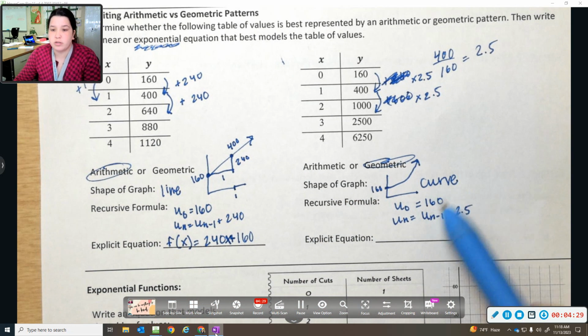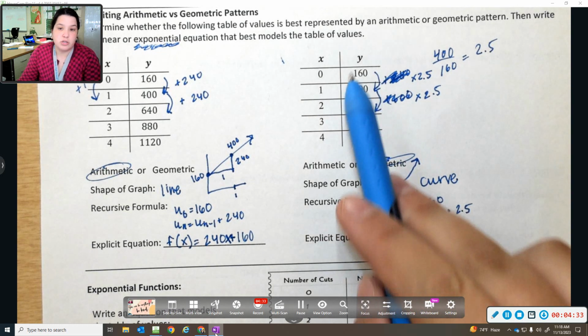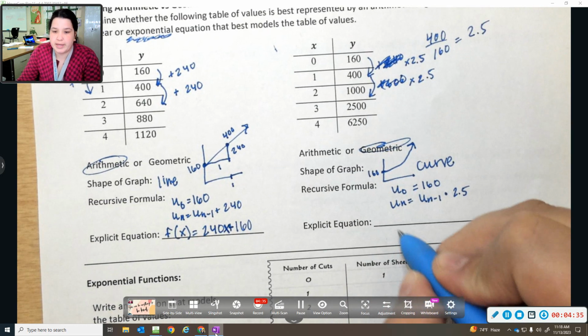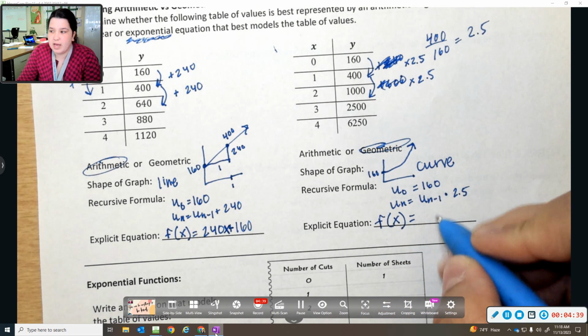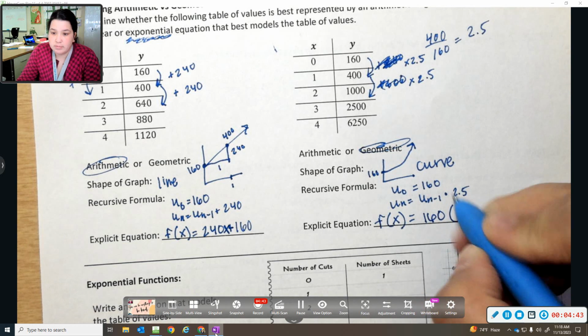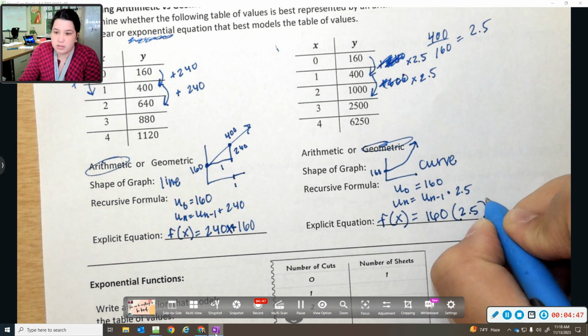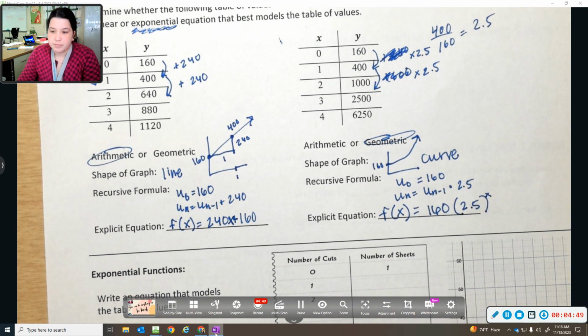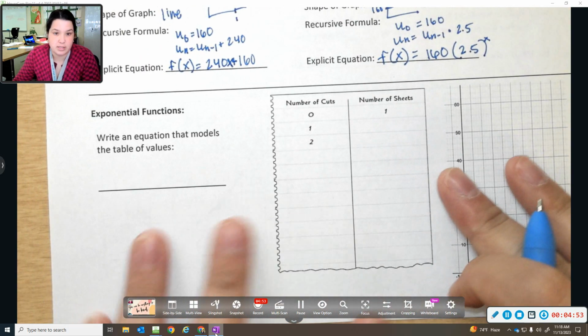All we talked about was the recursive formula, whether it was arithmetic or geometric. We looked at the table and we wrote the explicit. But this is going to be f of x is equal to our initial value times our constant multiplier to the x power. Since it is exponential, you're going to have an exponent of x.